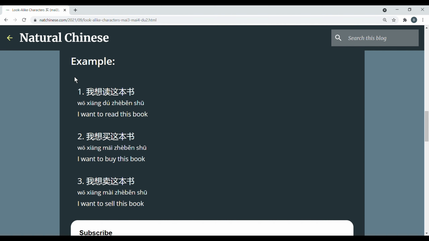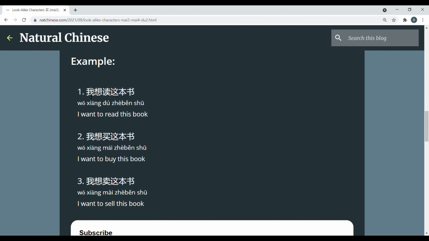So I have some example sentences here, and they all are the same thing except for the middle word here. So in our first example sentence, we have 我想, and when we see this character, we see the 言字旁 on the left, and we see that it has many strokes, so we know it is dú.